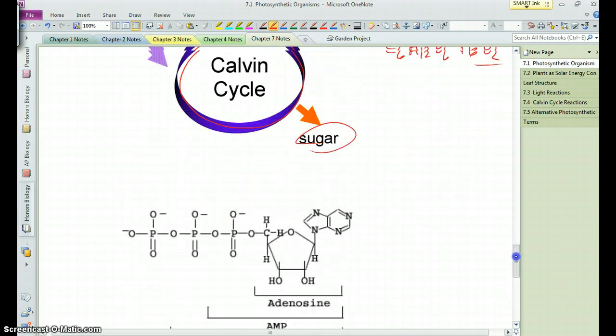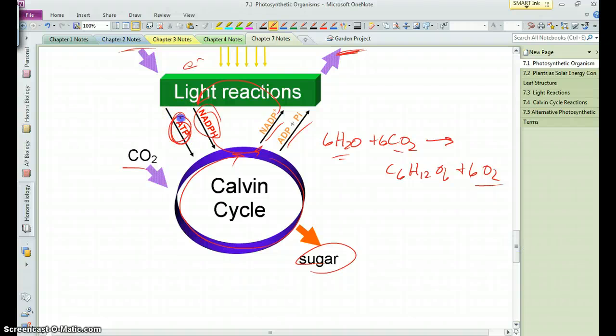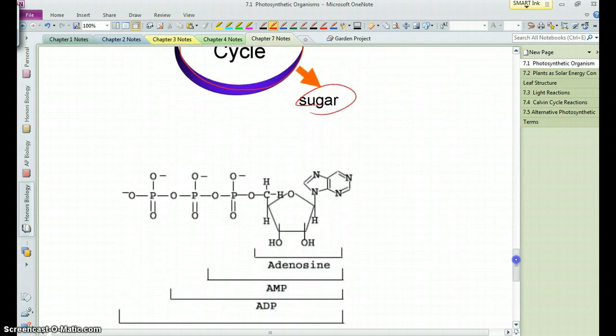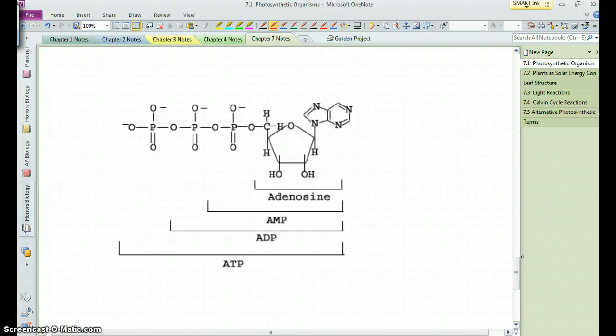All right. Now, ATP is a pretty important molecule in this process, and we'll see also in the next chapter in cellular respiration. So it should be somewhat familiar if you think of nucleic acids and nucleotides, because it's similar. It has a pentose sugar, and it has this nitrogen base called adenine. And together, when you put the pentose sugar and the adenine together, you get an adenosine molecule.